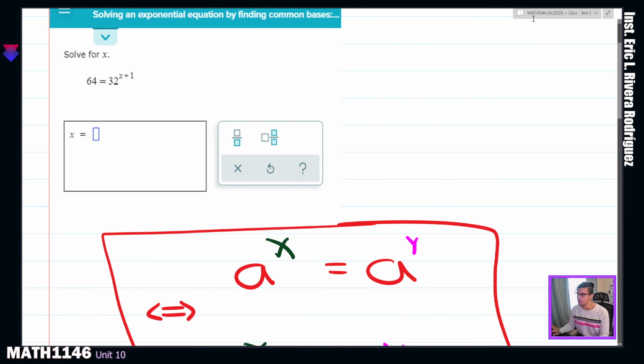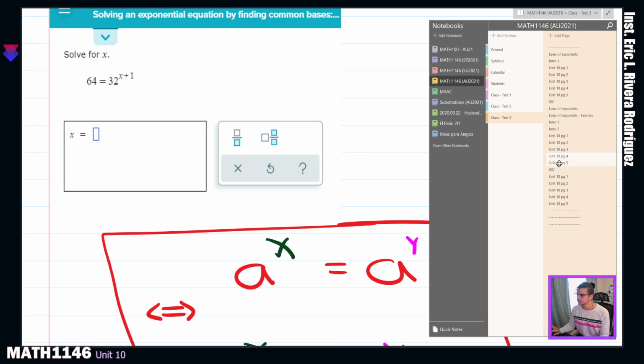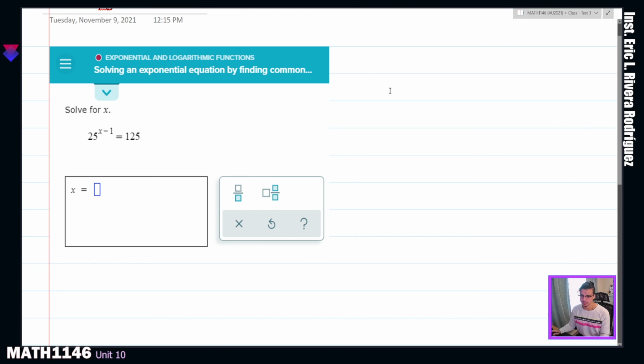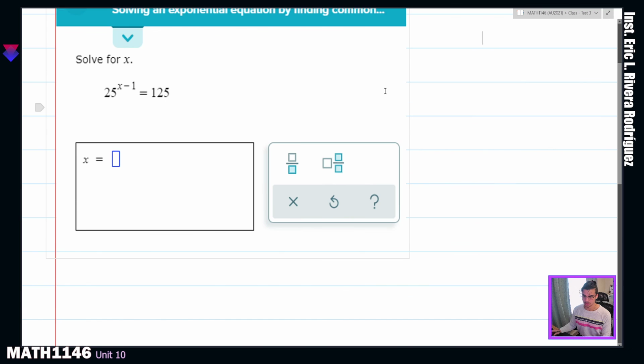Okay, I have one more. Can you solve this one for me? Just to make sure that you are getting the process or the technique of how to solve exponential equations.